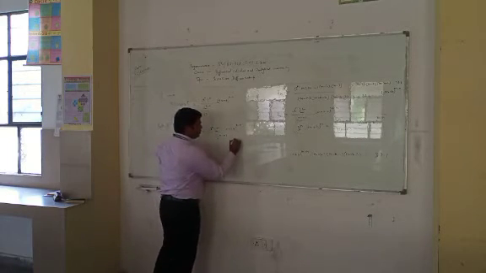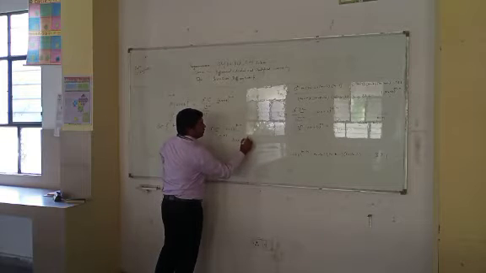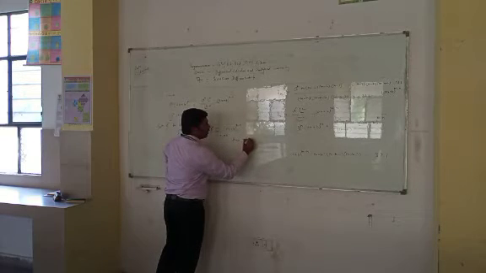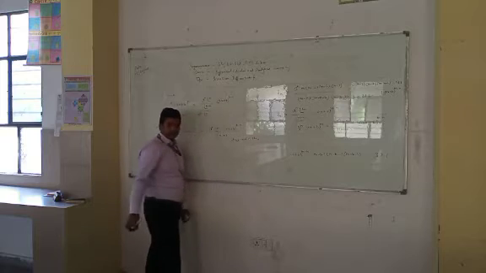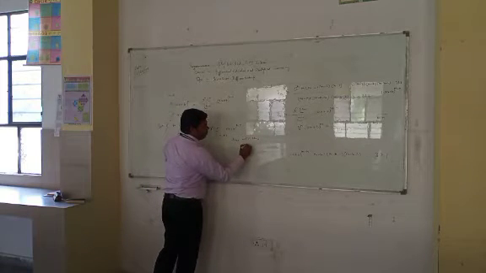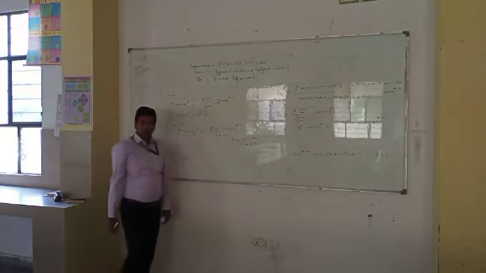Since m is less than n, m minus n is less than 0.